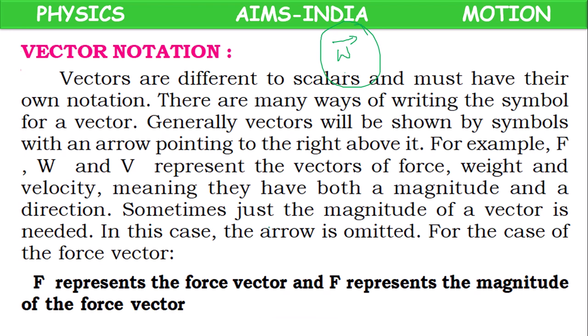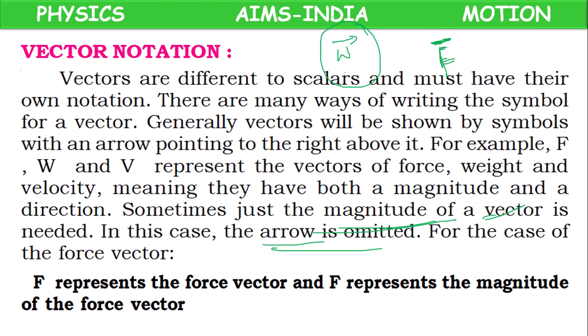Suppose we need only the magnitude of the vector but not the direction. Then only a line is enough. There is no need for an arrow mark, because there is no need to specify the direction.